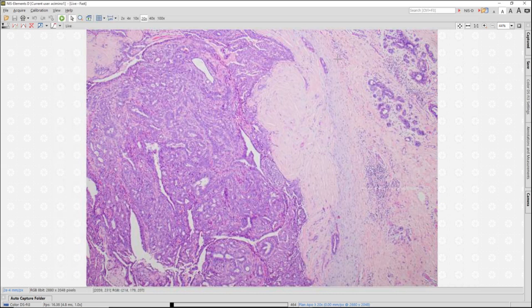In essence, the evolution has been to move away from reflexively excising all intraductal papillomas seen on core needle biopsy to now taking a step back and saying, well, what's the radiologic pathologic correlation?